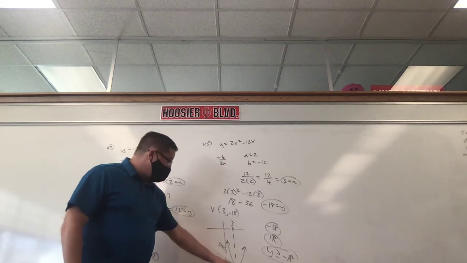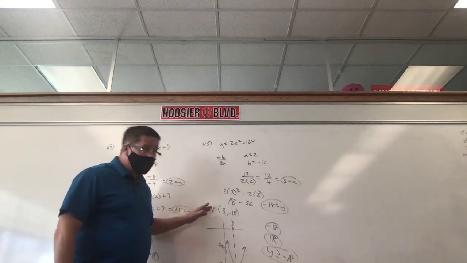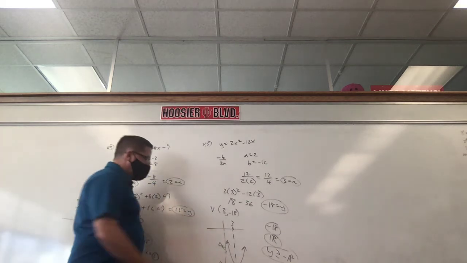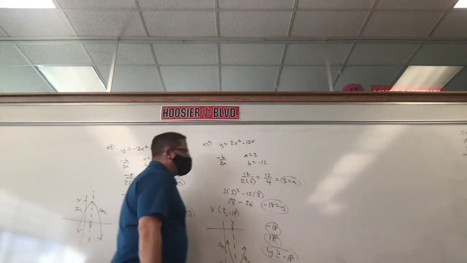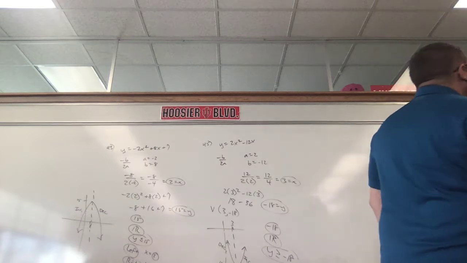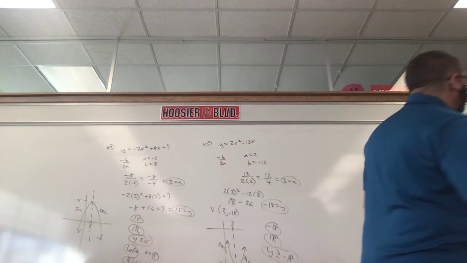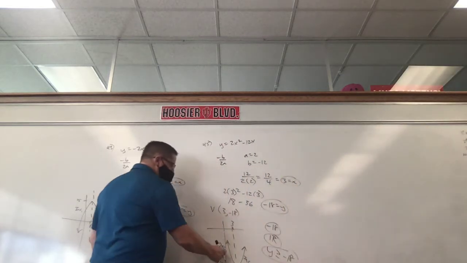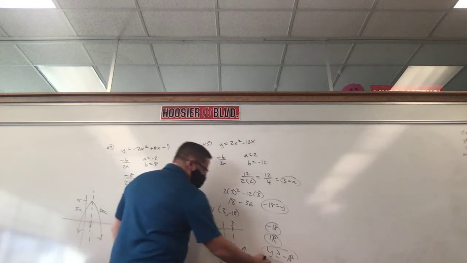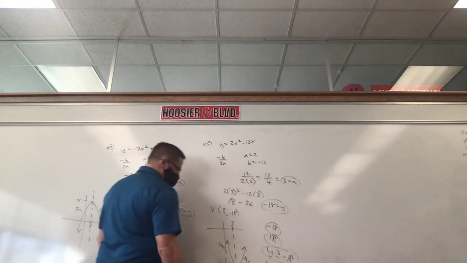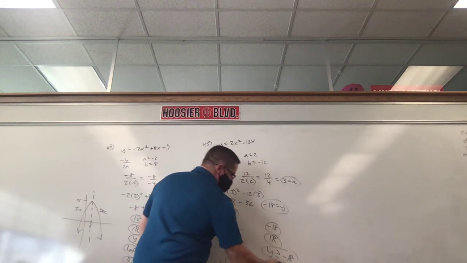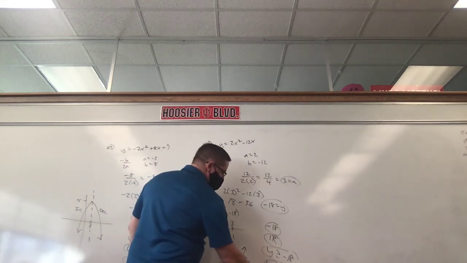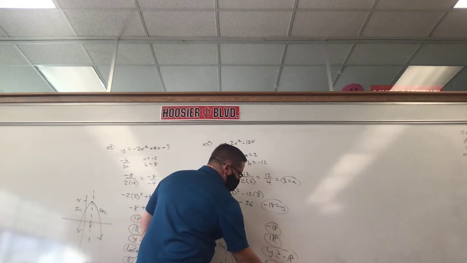If you go right to left, it's going up, but you're supposed to look at it left to right, so it's going down. This one's going up, so it's increasing. What do they ask first? Decreasing first. It's decreasing to the left of x equals 3. And it's increasing to the right of x equals 3.